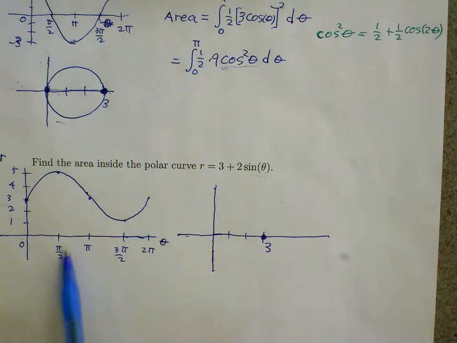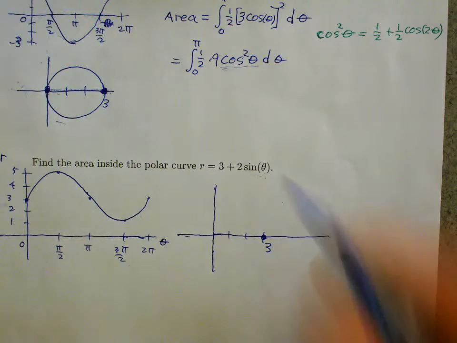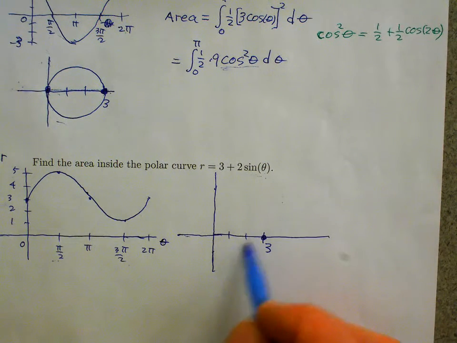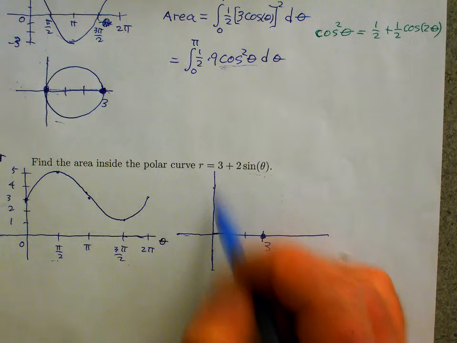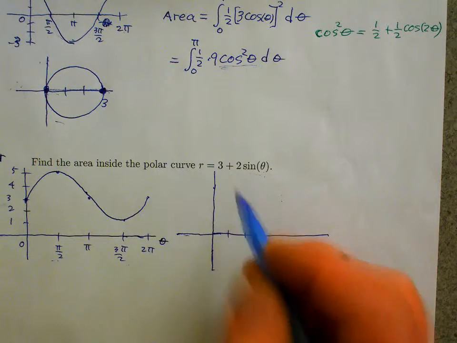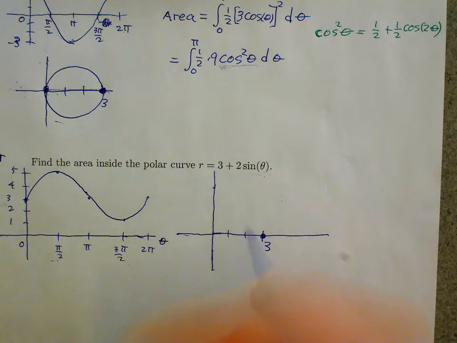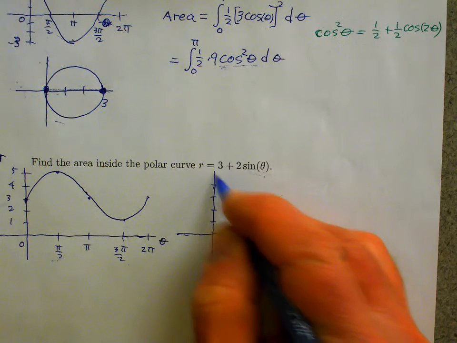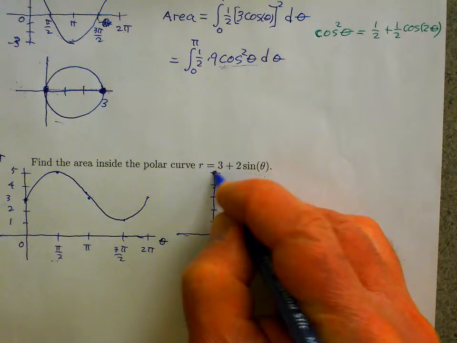When theta is pi over 2, the r value is 5. So the positive vertical axis corresponds to pi over 2. So we're up here at 5.